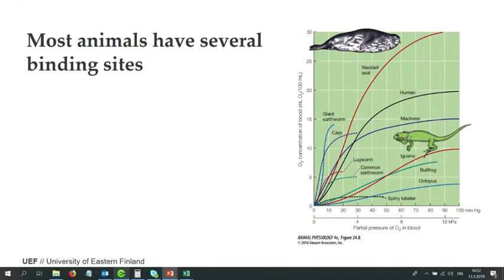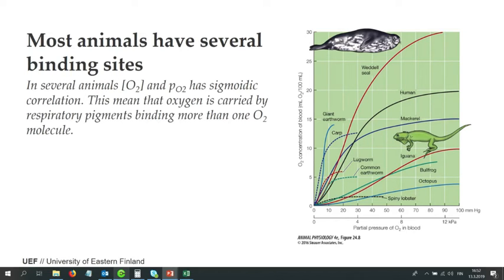And most animals have several binding sites. Over here we have vertebrates and invertebrates, with different kinds of oxygen carrying mechanisms, and all of these have a sigmoidal curve, meaning that more than one oxygen molecule is bound on these respiratory pigments.